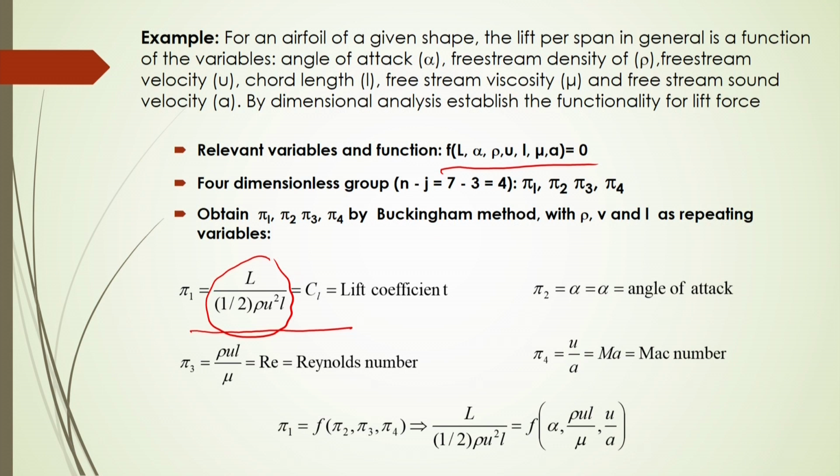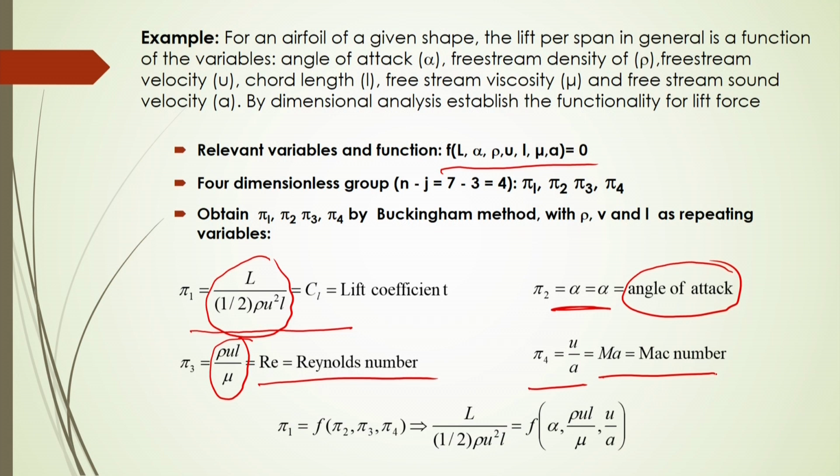Phi 2 is alpha, the angle of attack. Phi 3 is rho u L by mu, the Reynolds number, and phi 4 is u by a, which is called the Mach number, sometimes represented as Ma or only M. So, we get these 4 dimensionless groups: lift coefficient, angle of attack, Reynolds number and Mach number.